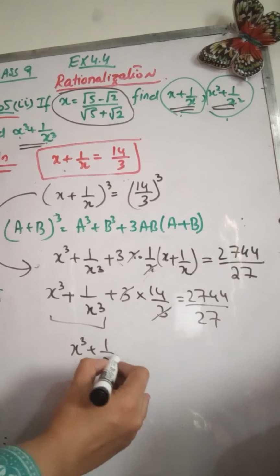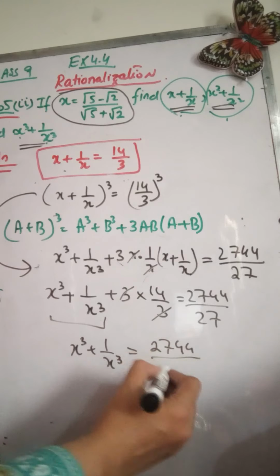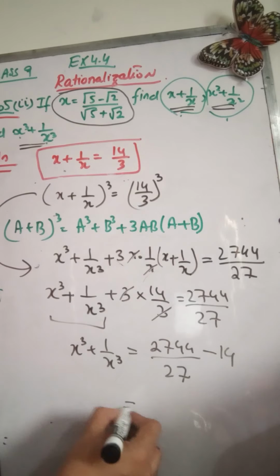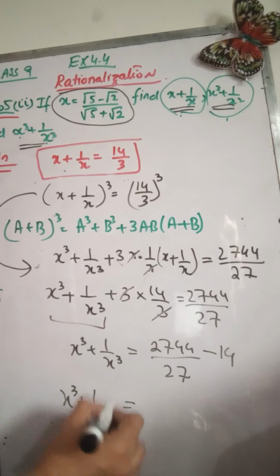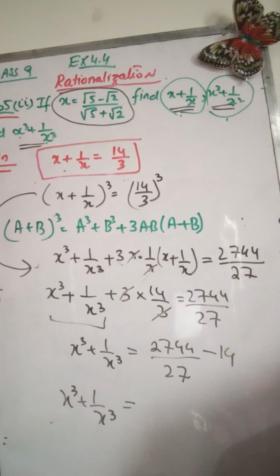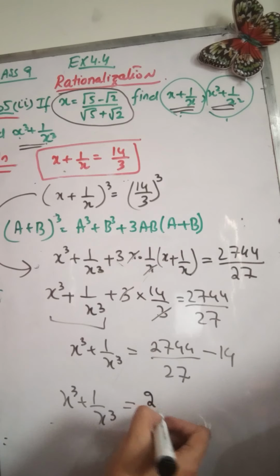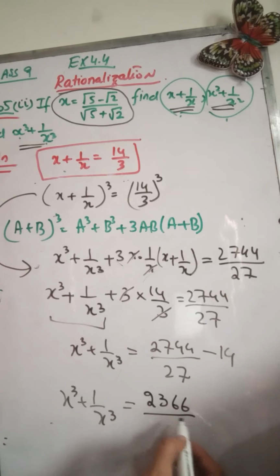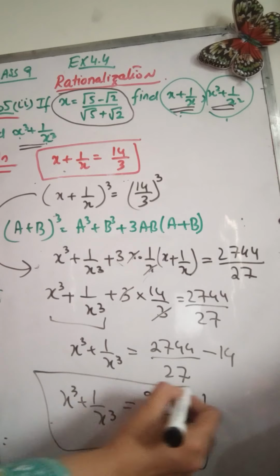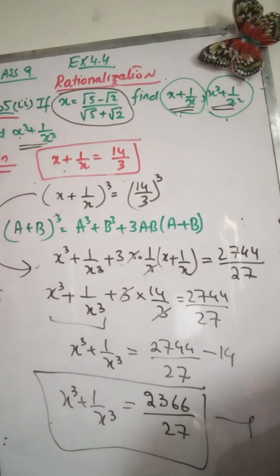So x cube plus 1 over x cube will be equal to 2744 over 27 minus 14, which will be equal to 2366 over 27, and this completes the solution as well as the exercise 4.4.